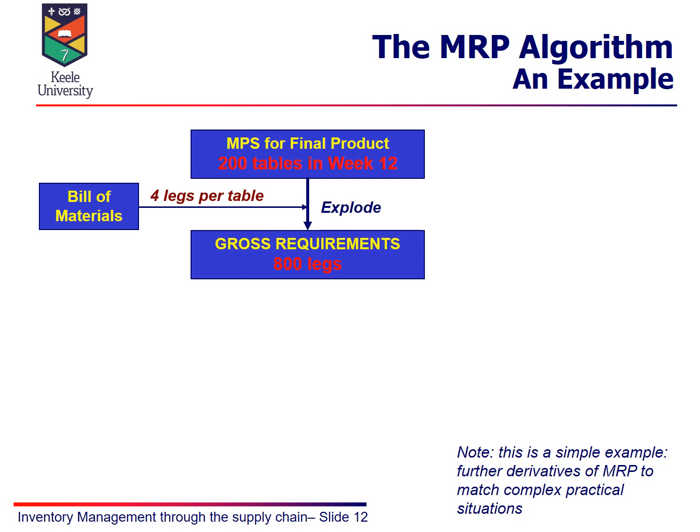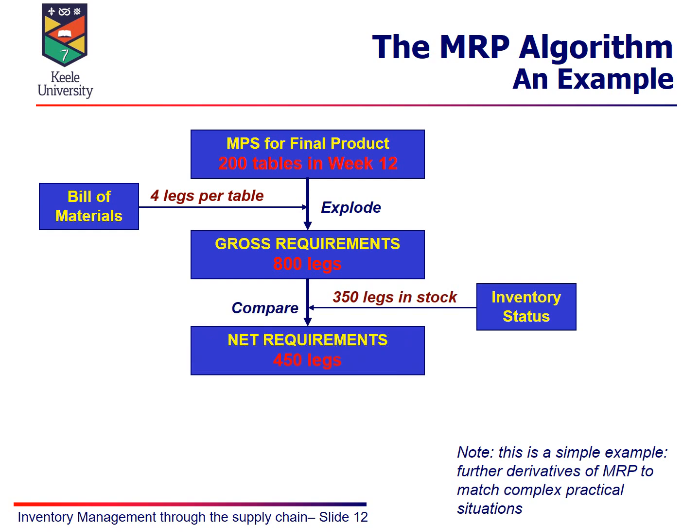So what you do, you explode the number of legs into the gross requirements. So 200 tables means that our gross requirements, we need to have 800 legs in if we're going to final assemble those in week 12. But we don't rush out and order 800 legs, because we have a look at our inventory status and we see we've already got 350 legs in stock.